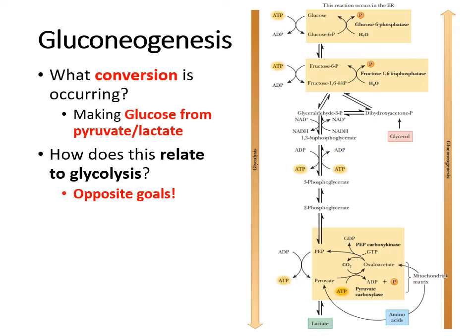So even though the two processes have opposite goals and can be looked at as the reverse of each other, chemically speaking, the reactions themselves are not 100% reverse of each other. There are 3 steps where you can't just reverse them.